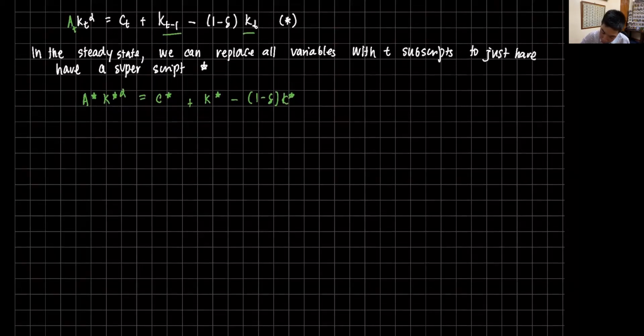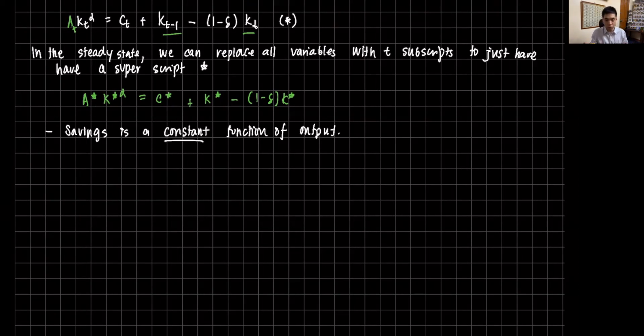Now, from the basic intuition of the Solow model, we know that savings is a constant proportion, a constant function of output. In the Solow model, savings is equal to investment.